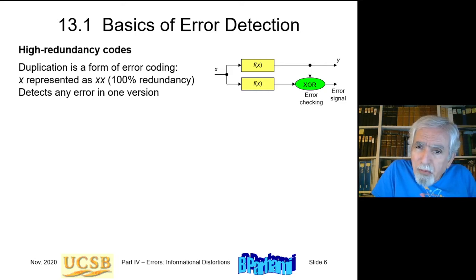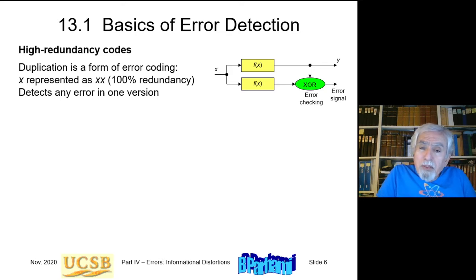So if they disagree, if the two outputs are not the same, then this XOR circuit will signal that there's an error and you just don't use the output. So this is a way for error detection. Once you detect the error, you don't know which of the two outputs is the correct one. So you can't correct the error, but you're aware of the existence of error.